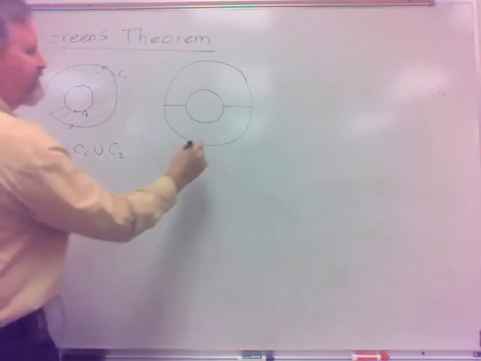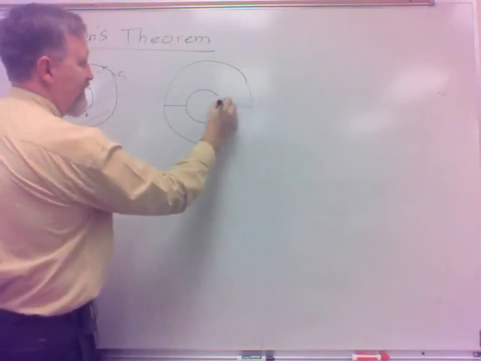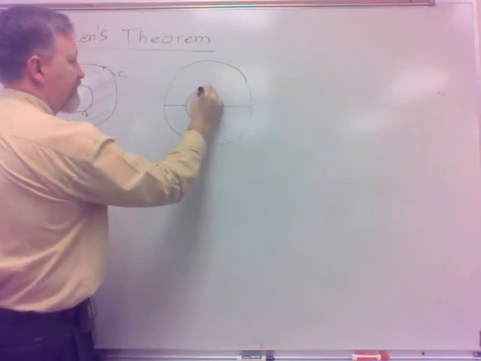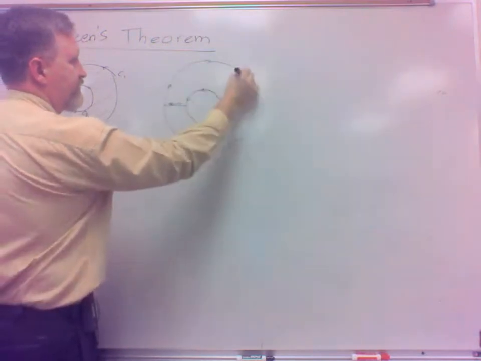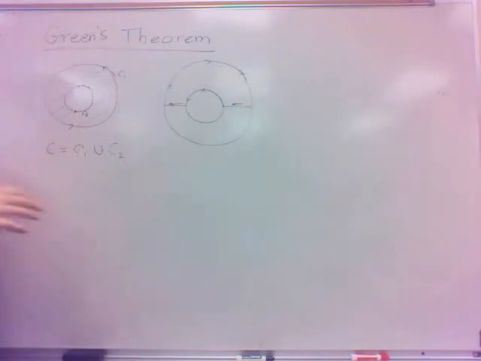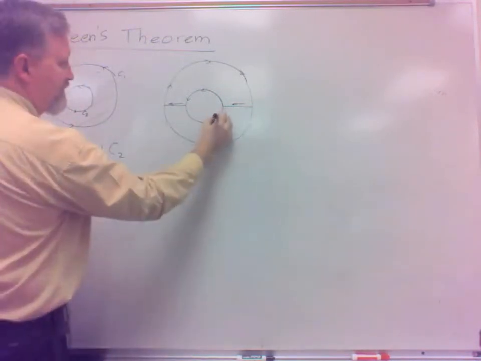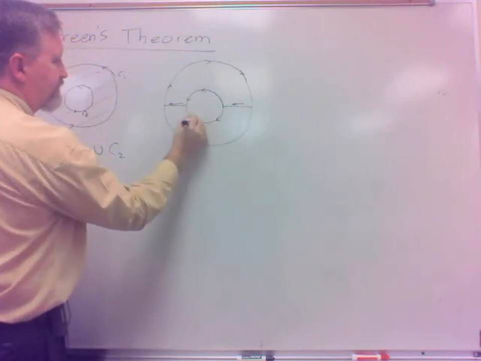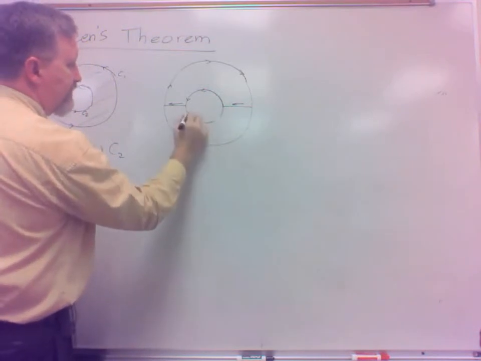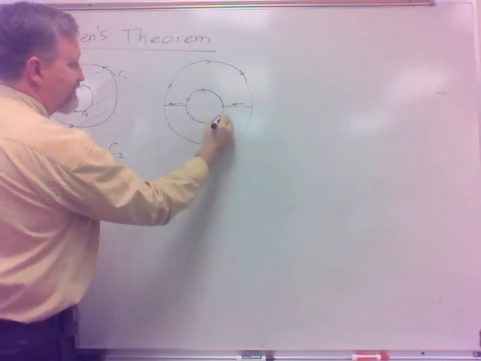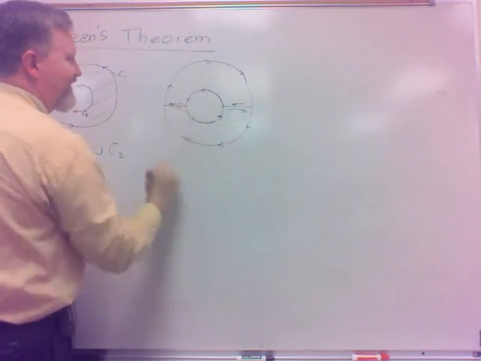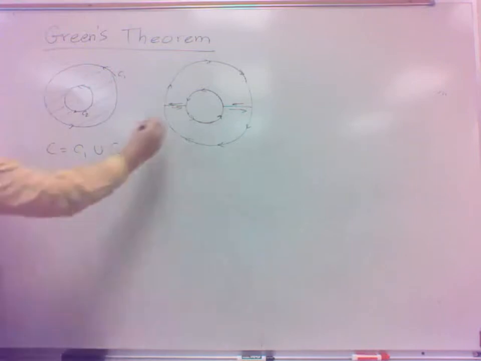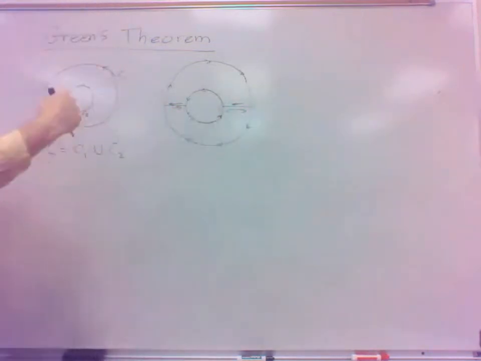Well, if you'll notice here, if I take this path here, and then I cut across here, and then up and around, and then back over here, that's a simple closed curve, right? And then if I do the same thing down here, if I go along this path, the other way though. These in here will cancel out. You got a positive and you got a negative.